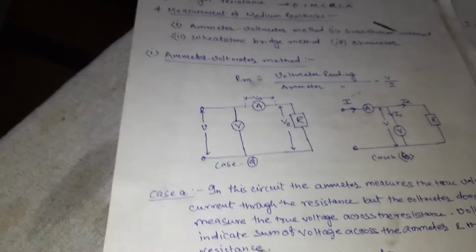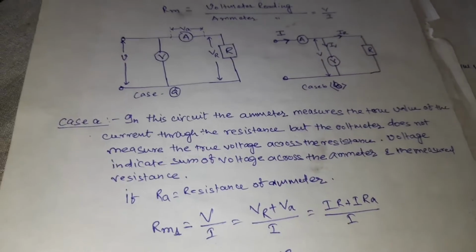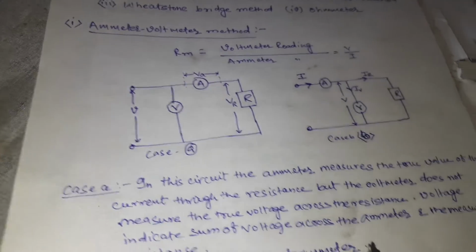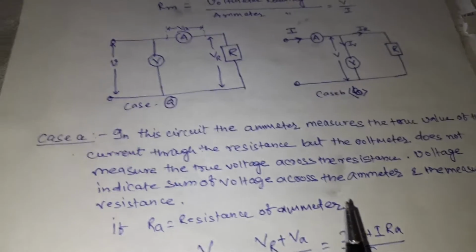In this circuit, the ammeter measures the true value of current through the resistance.